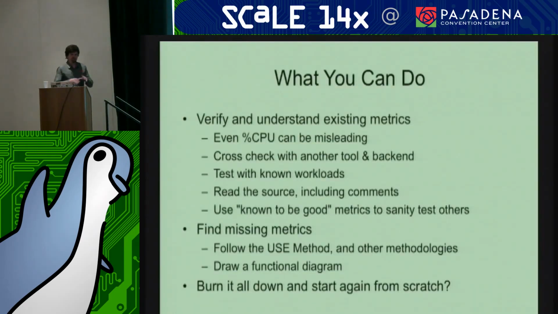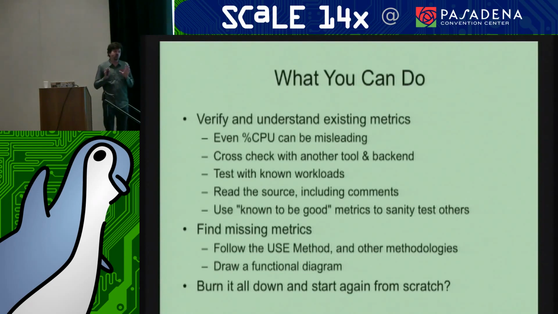So far I've covered many metrics that are misleading, some that are wrong, and some that are missing. Just to pause and say what you can do about this: you need to verify and understand what the metrics are if they're important. Realistically, you don't have time to verify and understand the 50 or 60 metrics your monitoring tool may be giving you.